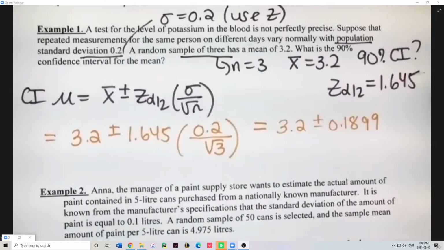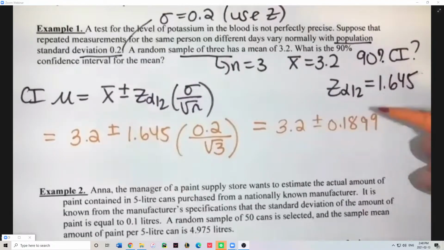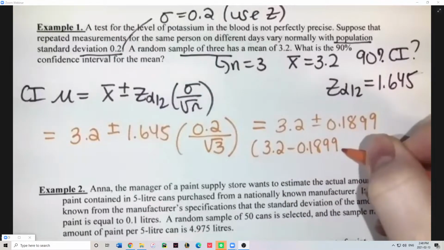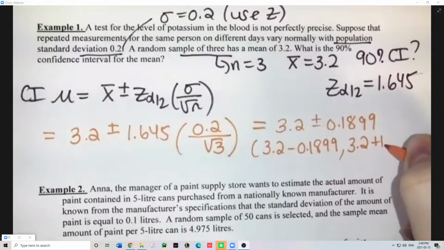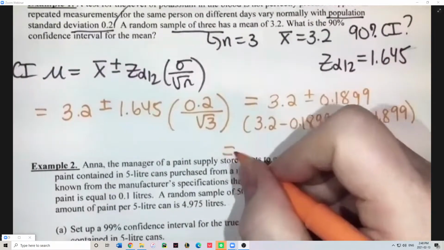And to get the actual interval, if he wants it on the exam, we would do 3.2 minus this, comma, and then 3.2 plus this. So 3.2 minus 0.1899, 3.2 plus 0.1899. And that would be the actual interval.